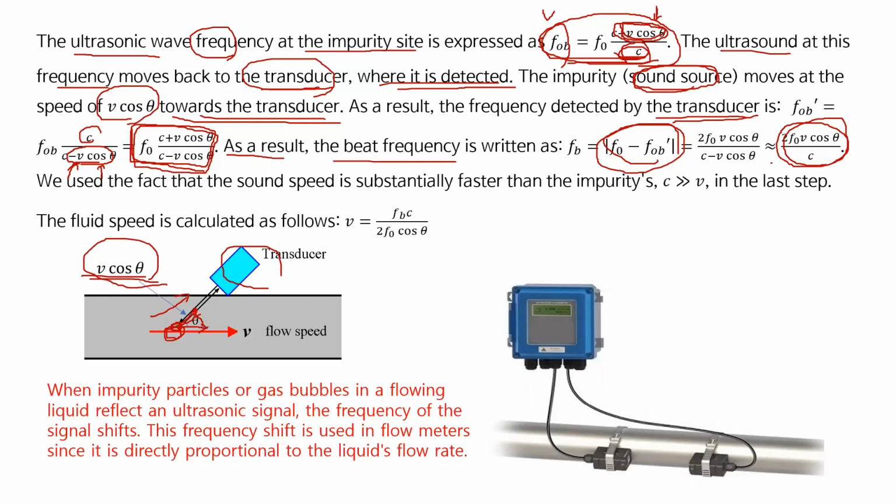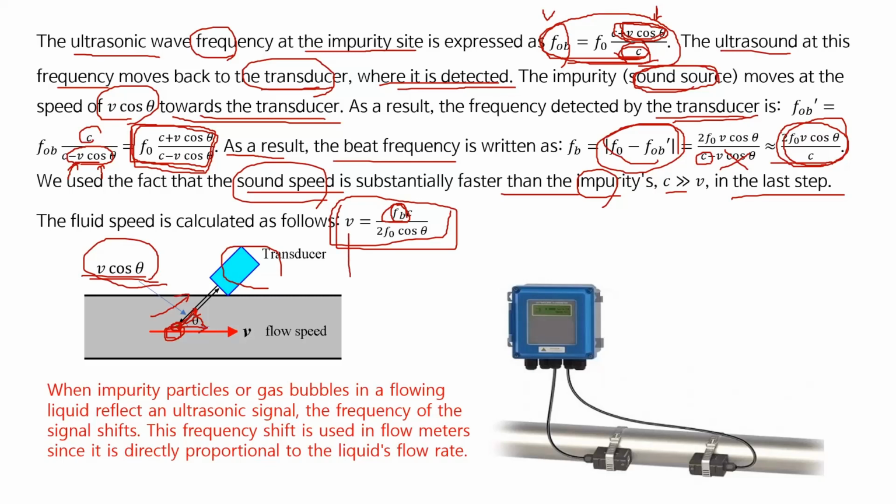In the last step, we use the fact that the sound speed is substantially faster than the impurities, so we drop this term in the numerator. Okay. The fluid speed is calculated as follows. So if we determine the beat frequency, we can determine the flow speed.